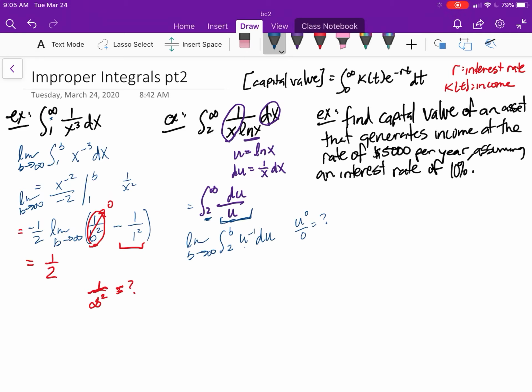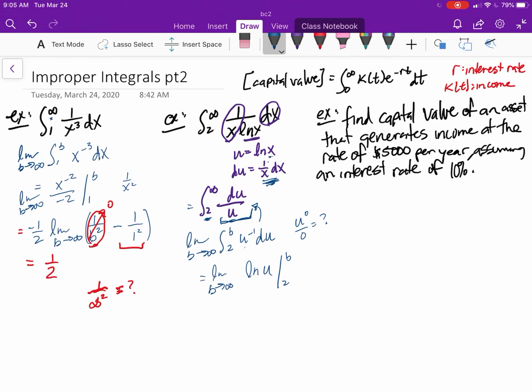So all in all, I could have left it like that, because the integral of du over u, like we're just talking about, the derivative of ln is 1 dx over x, right? And derivative of ln u is du over u, so therefore this here is ln u. Limit as b goes to infinity from 2 to b. Okay.